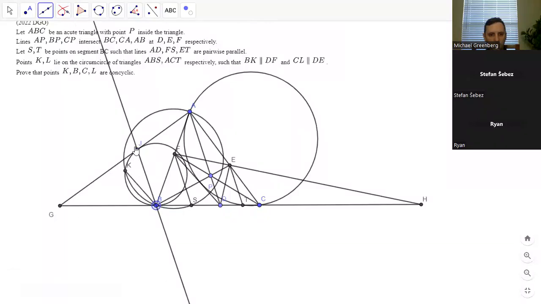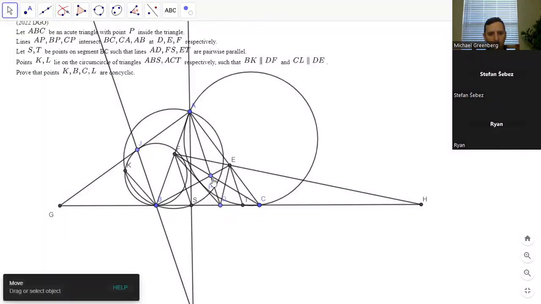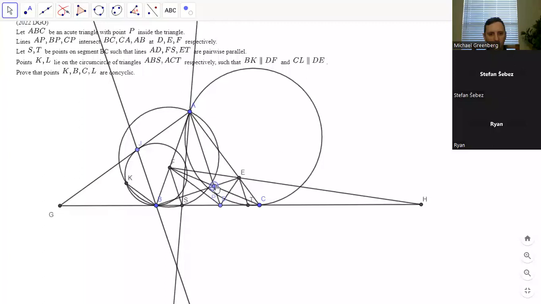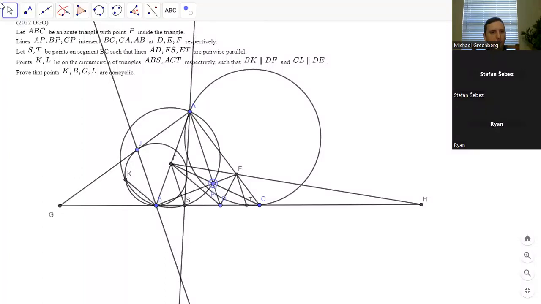We will define everything as in the problem statement. Okay. So we have that point J. We define it as the reflection of B in the bisector of angle AGD.